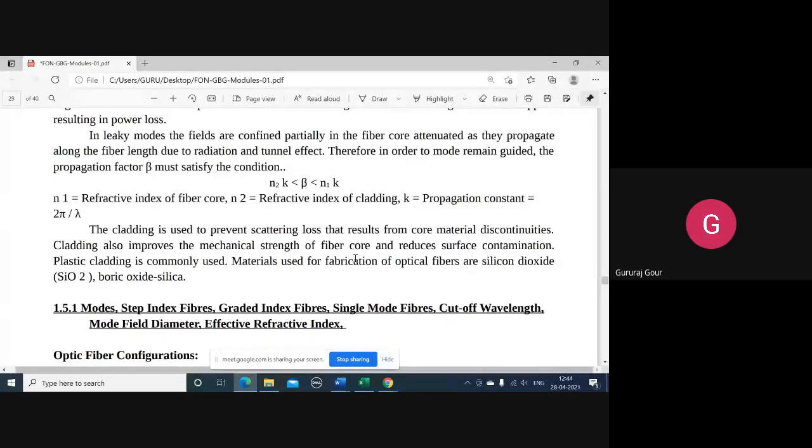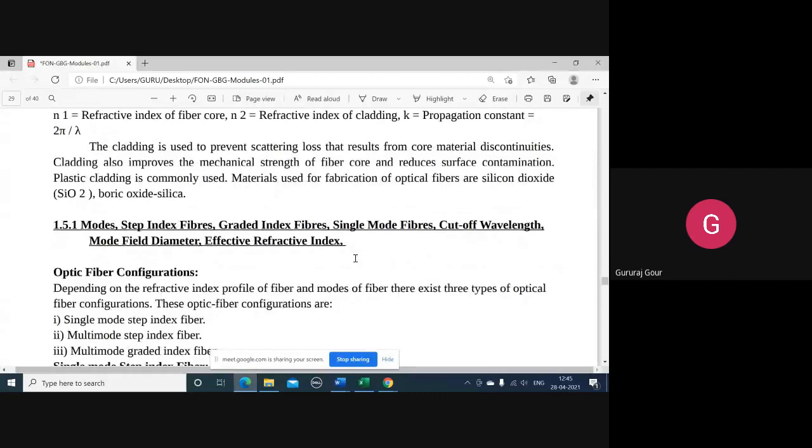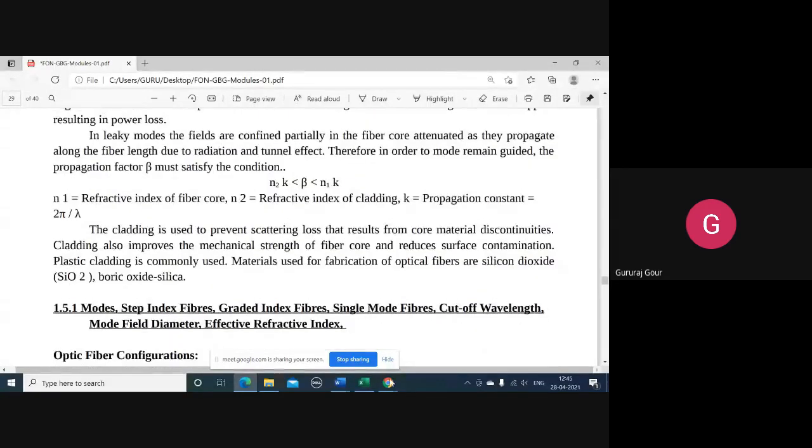In the next class, I want you to be thorough with the concepts you have learned so far. Together, we are going to see step index single mode, step index multi-mode, graded index single mode, graded index multi-mode, along with some derivations like cutoff wavelength, mode field diameter, effective refractive index and so on.